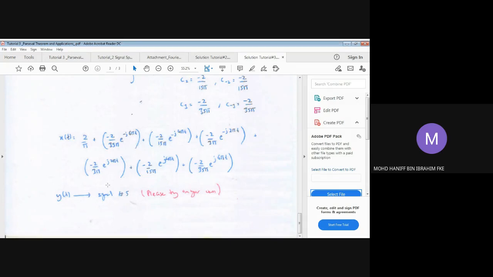Never mind, I'm going to do this for you. You have 3 frequency components on the left, and also 3 frequency components on the right: negative 6 pi, negative 4 pi, and negative 2 pi, with the amplitude of negative. One more thing to remember: in the amplitude spectrum, we try not to put negative as the amplitude.